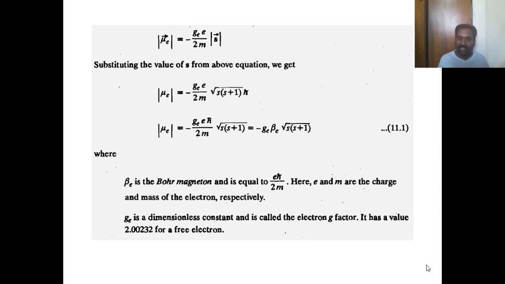A free electron which is isolated, not under the influence of any field, has a g value of 2.00232. e is the electron charge, m is the mass, and these are constants. You can combine e h-bar divided by 2m into a bigger constant and represent it by beta e, which is called the Bohr magneton. Please remember, Bohr magneton is a constant.